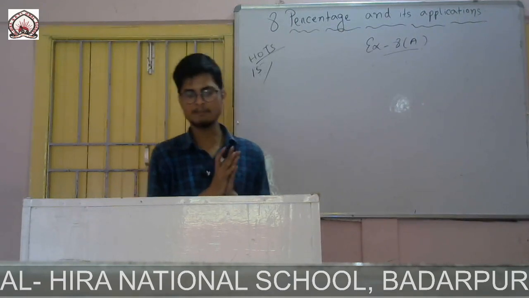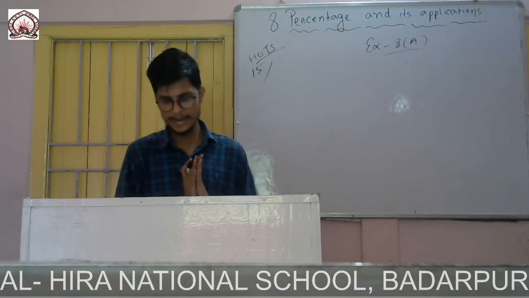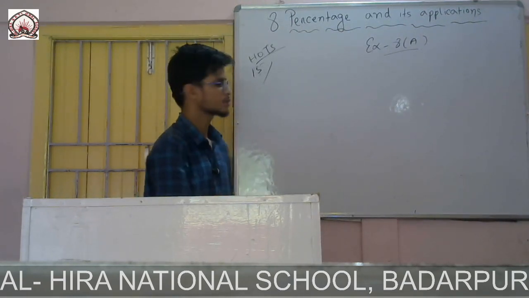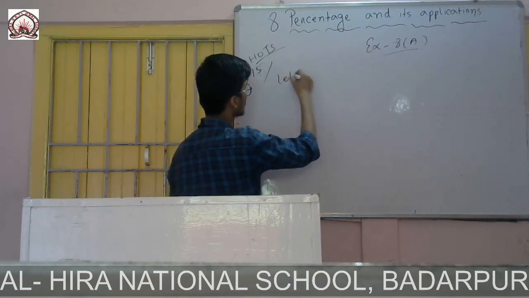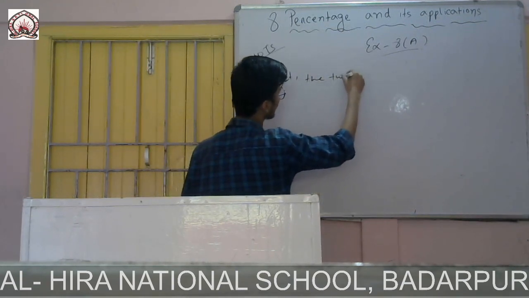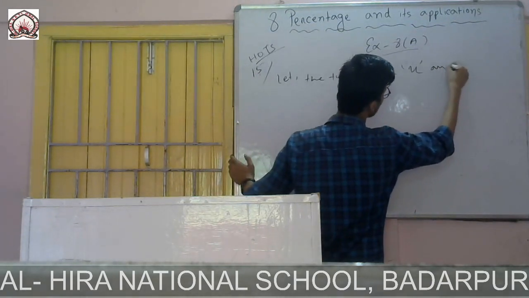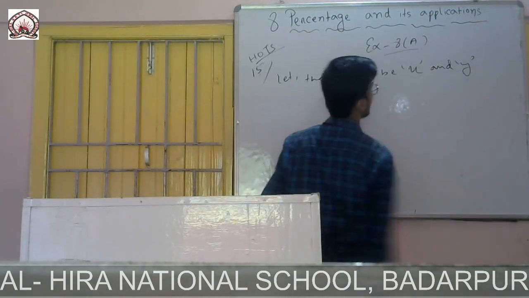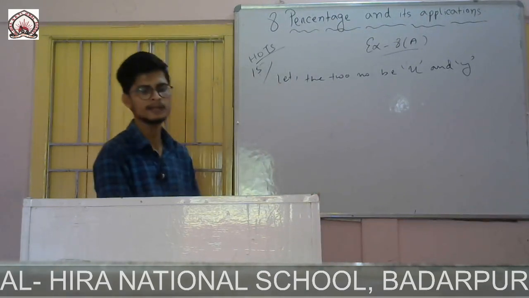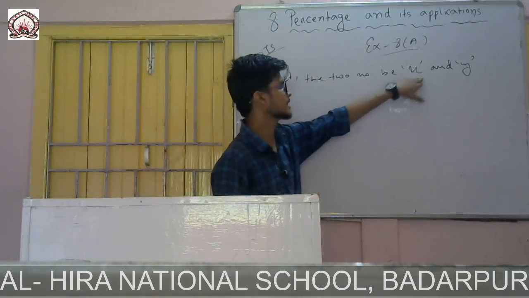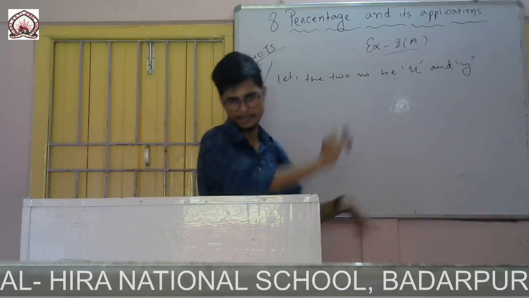The question is that the sum of two numbers is 28 by 25. So I will write: let the two numbers be x and y. x will be the first number, y will be the second number.